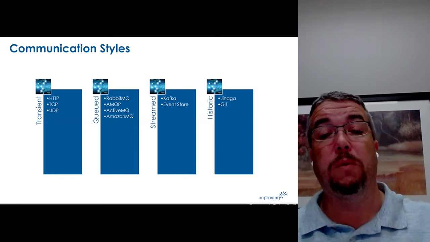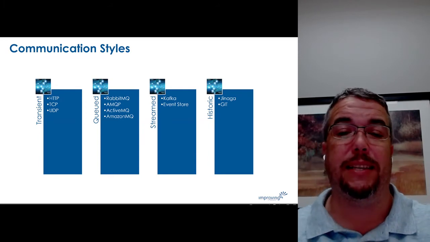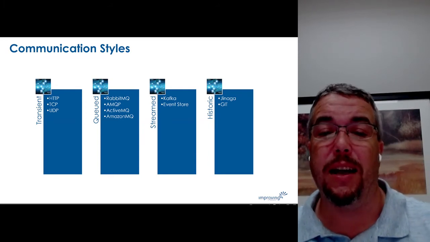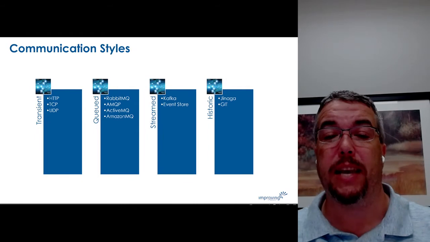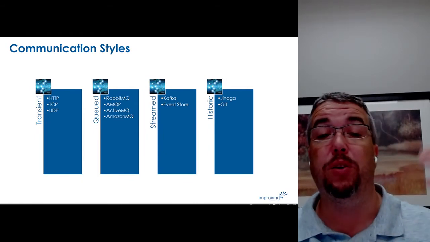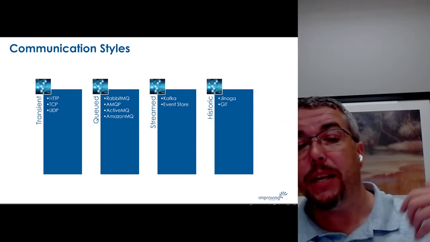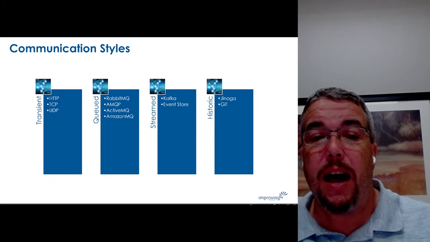Now, when we're looking at technologies that fall into this space of what is a queued system, what technologies does this represent? This represents Amazon's MQ, ActiveMQ. By far the most popular in this space right now is RabbitMQ.